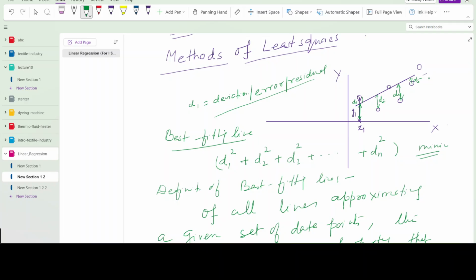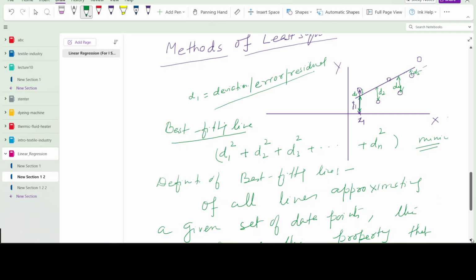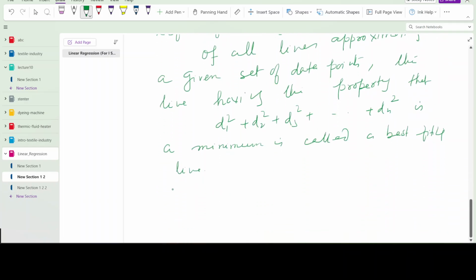Then this line will be a best fitting line. And just let me write d1.